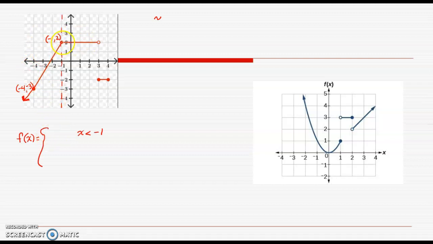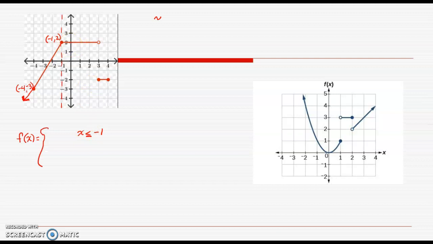Now, this point right here is the same on this line as it is on this line. So you get to choose, and some of you will choose that this one's the open, and some of you choose that this one's the closed. It doesn't really matter as long as one is open and one is closed.